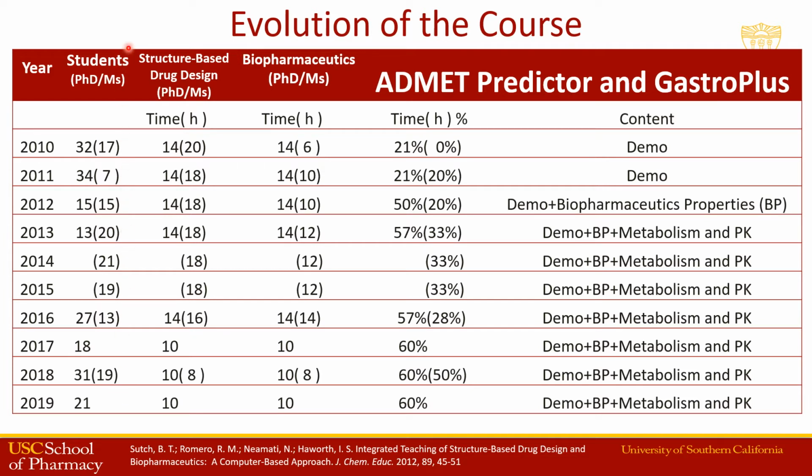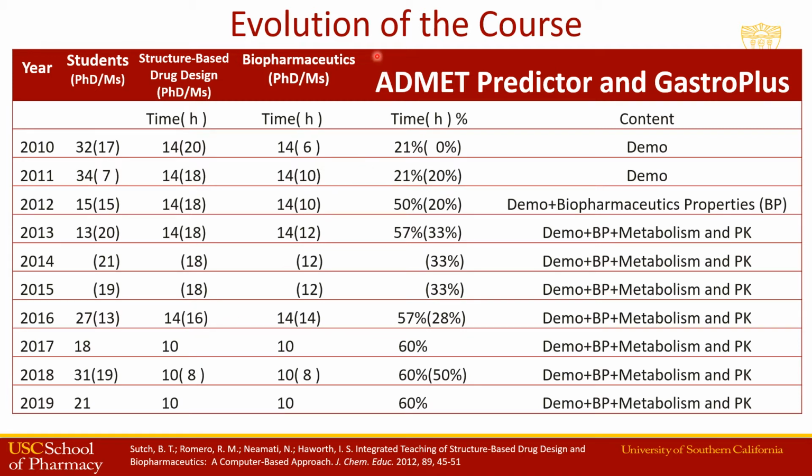And the amount of structure-based drug design that was incorporated into the class is shown in hours. So again, the parentheses indicate PhD and master students. So you can see over the years, we've increased some of the time, and then we've reduced some of it in 2017, 18, and 19. For the undergraduate class, we've added more and more clinical information.